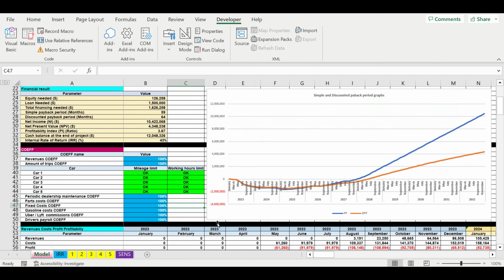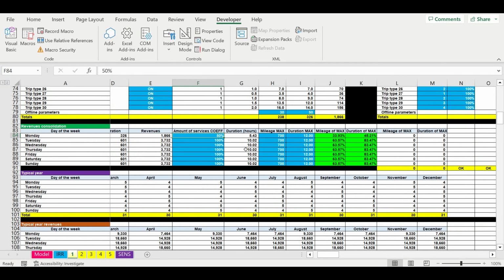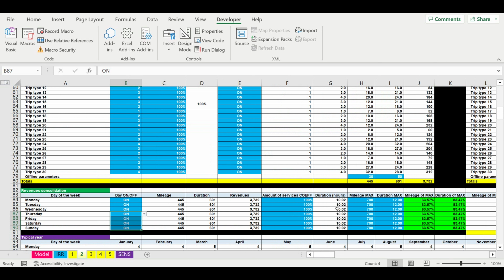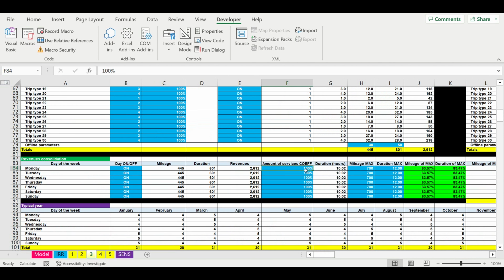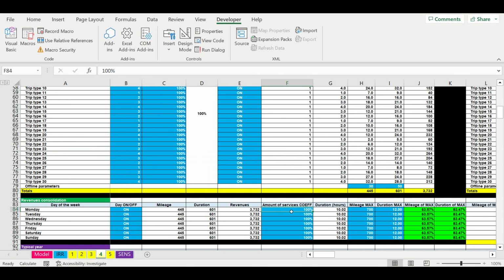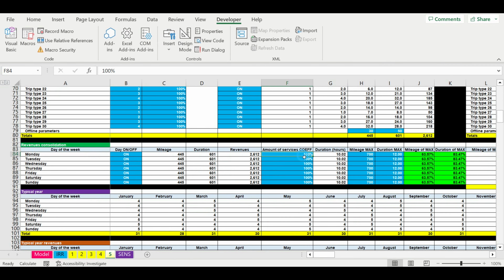If we take 50% of basic amount of trips for Monday, we will be able to see how Monday, Tuesday, Wednesday affects the financial efficiency.